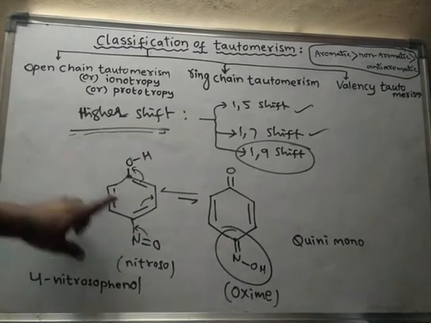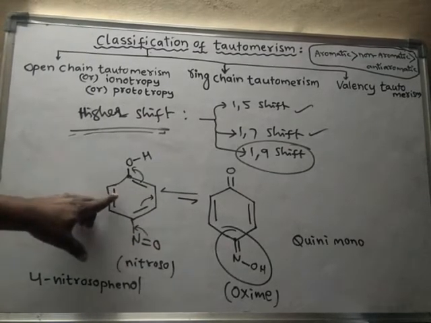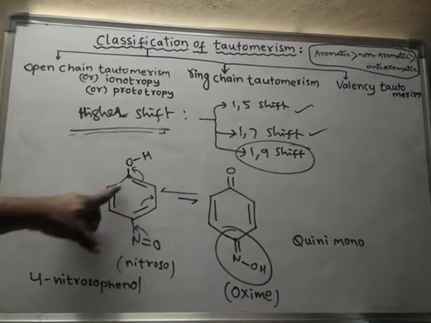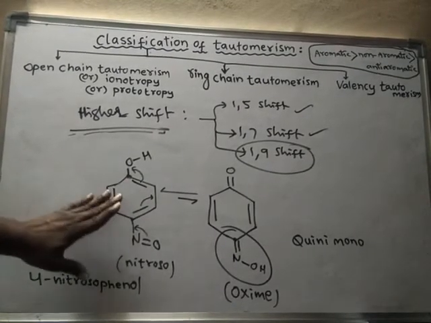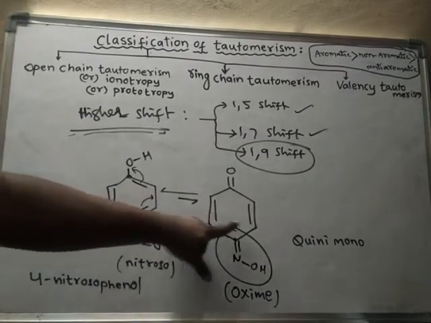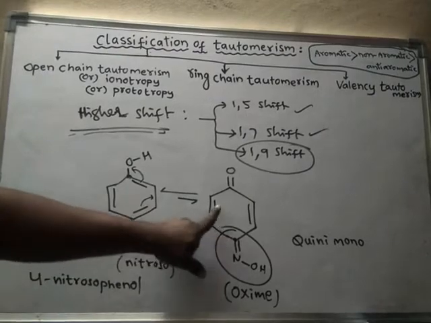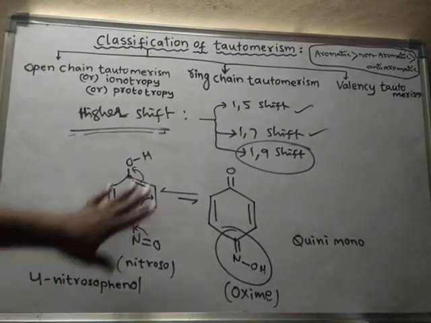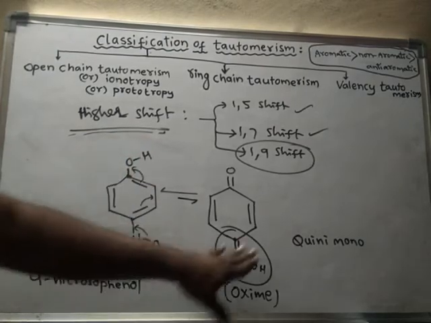Because why? Because here aromaticity is present. Here it is aromatic. So due to the presence of aromaticity in this particular compound, it is an aromatic compound. This is anti-aromatic. So the ring is having only 4 pi electrons. This ring is having 6 pi electrons. Hence it is more stable. This is less stable.